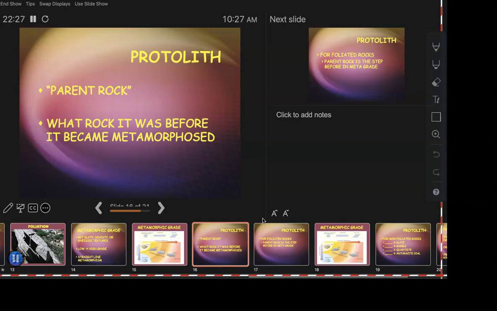We just gave you three examples. Sandstone would be the protolith for quartzite. Limestone would be the protolith for marble, and so on and so forth.